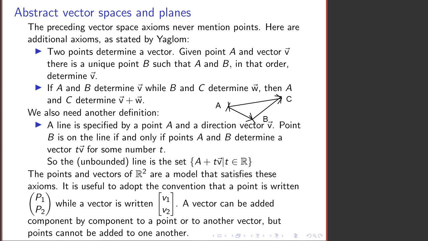And a point B is on the line that's thus specified if and only if, when I take the points A and B and, in accordance with the first axiom, ask what vector takes me from A to B, the answer is it's a vector that's a multiple of the direction vector V. A simpler way of stating this is the line is the set of all points obtained by taking the point A and adding on some real multiple of the vector V.